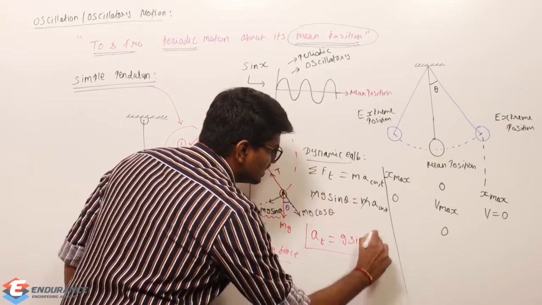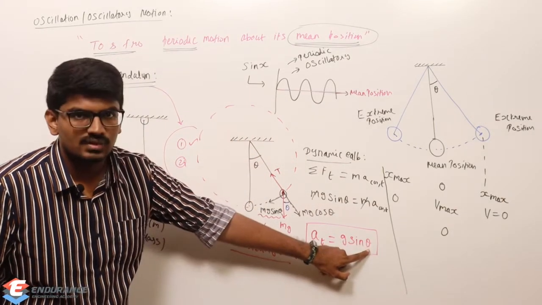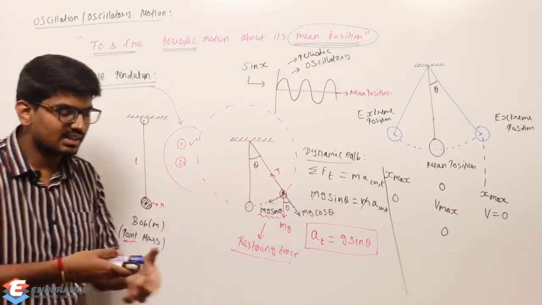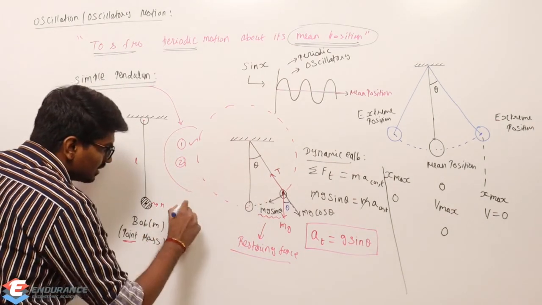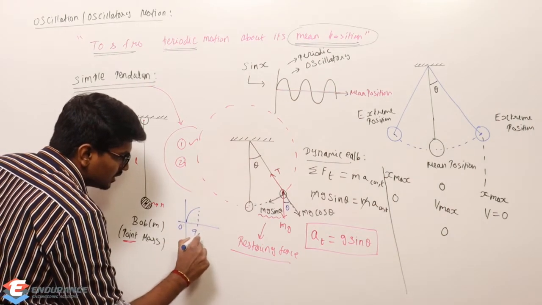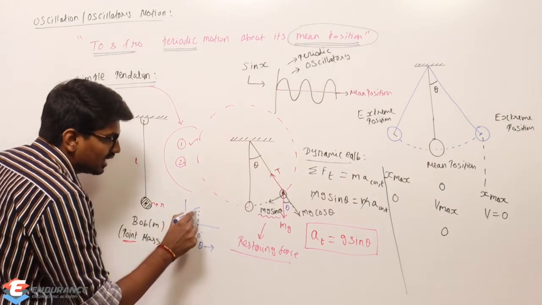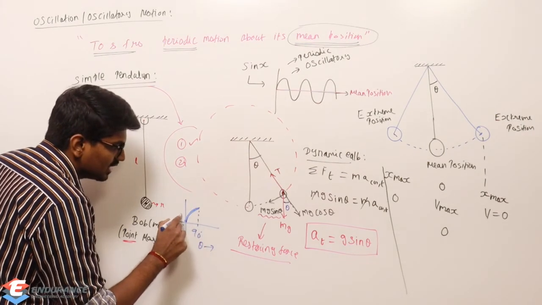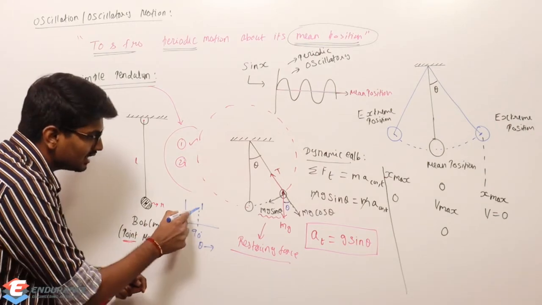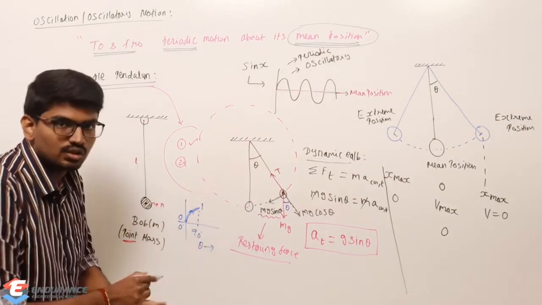Now see, g is constant, right? If theta increases, obviously this theta cannot cross 90 degrees, and we know that from the sine curve. When it goes from 0 to 90 degrees, if I increase my theta, my sine value will increase from 0 to 1.